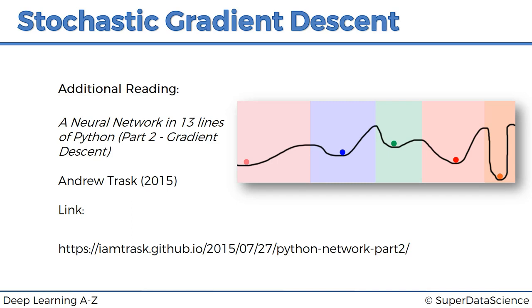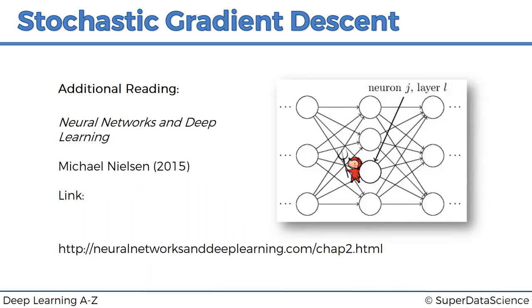And another one, a bit of a heavier read, for those of you who are into mathematics and want to get to the bottom of why gradient descent works, what the formulas driving gradient descent are, how it is calculated, and so on. Check out the book, a free online book called Neural Networks and Deep Learning by Michael Nielsen, a 2015 book. It's all online, so you can go ahead and check it out there.